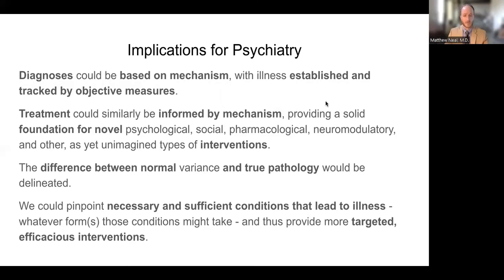So TMS will, I think, become much more prominent as we better clarify how the brain is functioning on large scales and producing the phenomena we care about. We'll be able to tell the difference between normal variants and true pathology, and potentially begin to pinpoint necessary and sufficient conditions that lead to illness, whatever form they might take, and then provide more targeted and efficacious interventions.